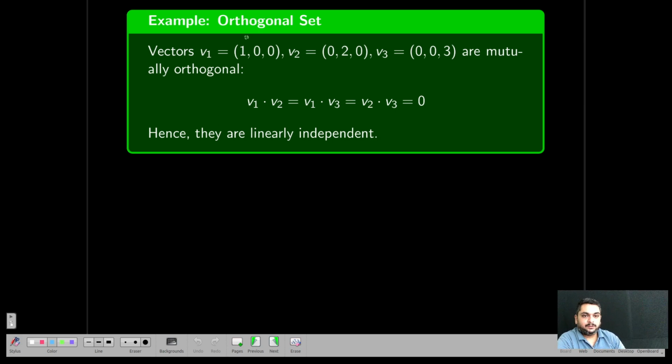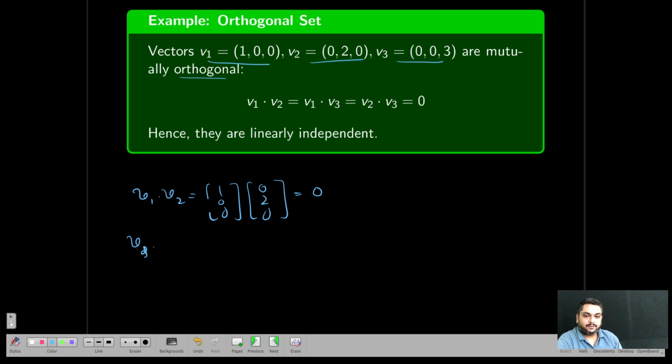Next, given an example here: v1 equal to this, v2 equal to this, and v3 equal to this are mutually orthogonal. How will you check? Between any two pairs, the dot product should be 0. Is v1, v2? v1 is 1, 0, 0 and v2 is 0, 2, 0. If I take the dot product, it will be 0.